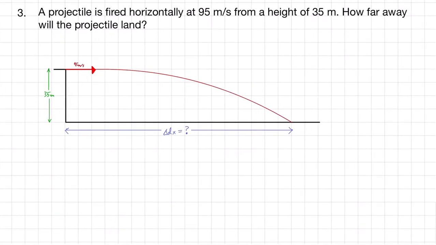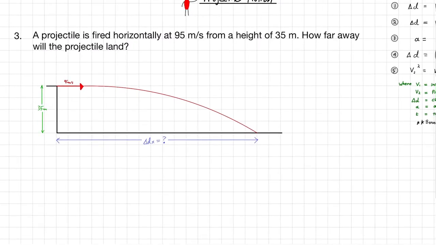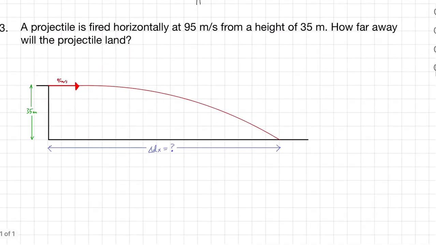All right. So again, with any question like this, I encourage you to draw your little sketch like this to give all the information that you know and some of the information that you don't know, and just get it all labeled and organized. So we're asked to find how far away will the projectile land.